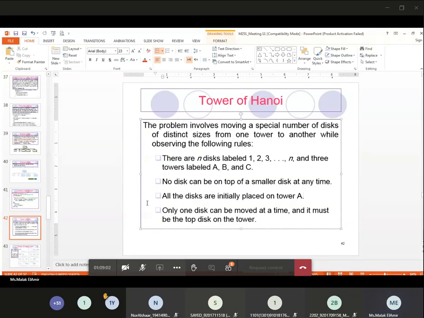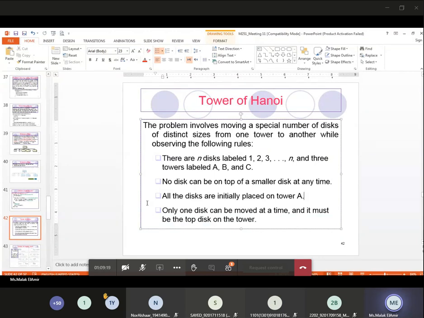Yes, now in front of you. The problem involves moving a special number of disks of distinct sizes, meaning different sizes, from one tower to another tower while observing the following rules.